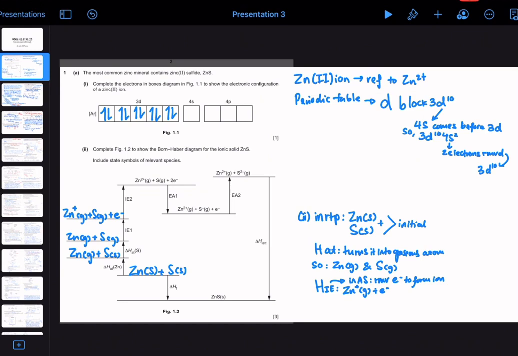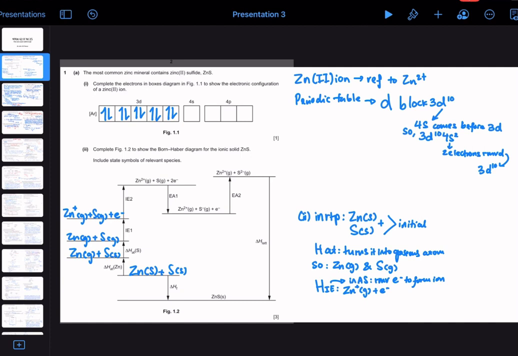And we know 4s comes before 3D, so you're removing 2 electrons, right? Those 2 electrons are removed from the 4s orbital, so it becomes 4s0 instead of 4s2 and becomes 3D10. So yeah, you have 10 electrons in the 3D orbital.